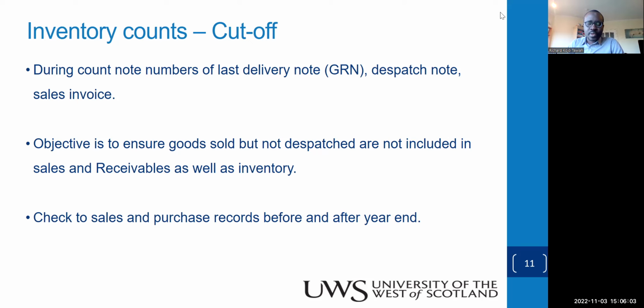Make sure you include what is to be included and you take out what is to be taken out. The idea is that we want to ensure goods sold but not dispatched are not included in sales and receivables as well as in inventory. So once it has been sold but not dispatched, it should be taken out.